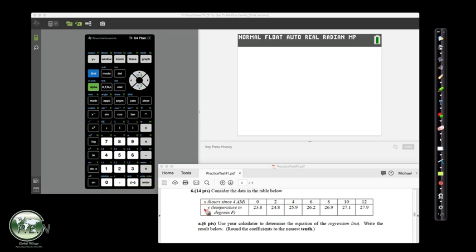That's going to be our x variable. Then we've got the temperature, and we see that the temperature is rising, and we're asked to use our calculator to determine the equation of the regression line. Then we'll write the results below, again remembering to round the coefficients to the nearest tenth.